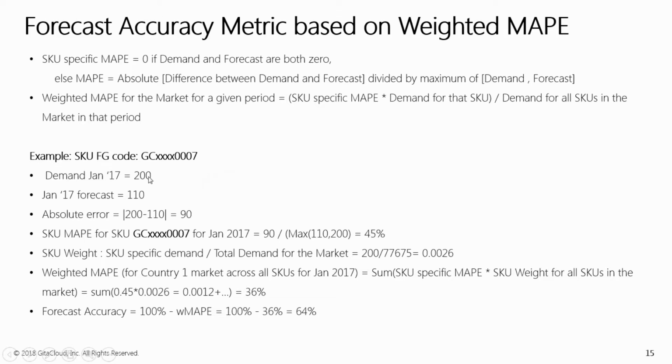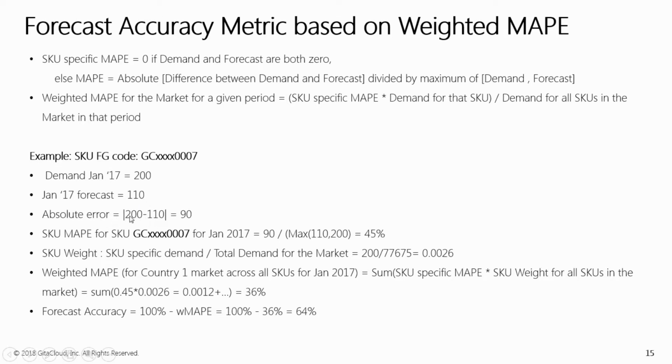So to give you an example here, let us say the demand for a specific SKU code as defined here for January 2017 is 200, and the January 2017 forecast is 110. So the absolute error is the difference of those two.